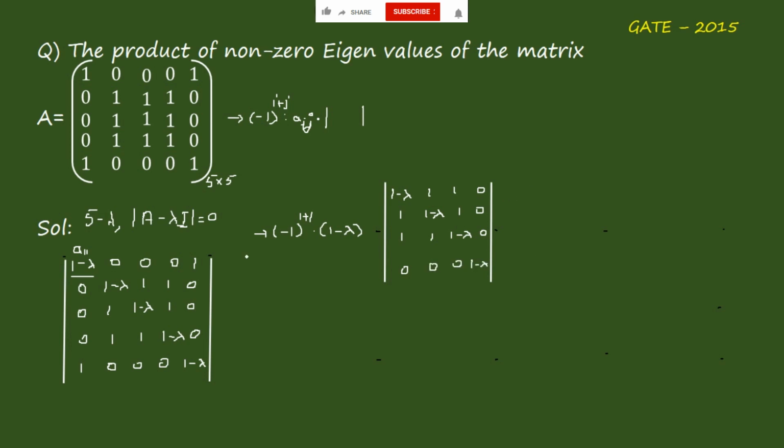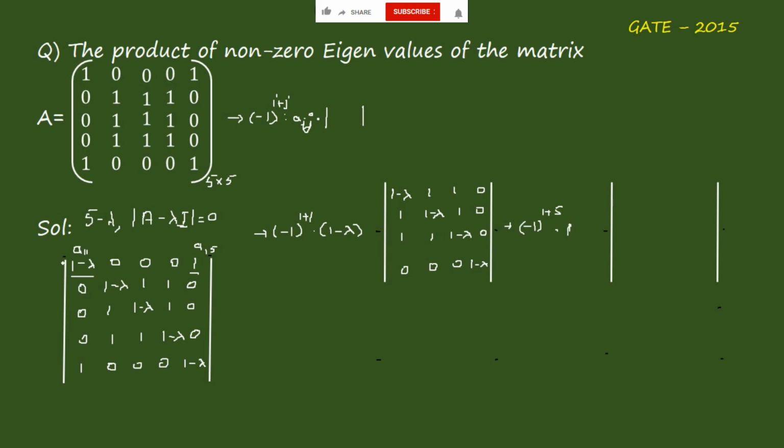So again consider the other term 1, it is an A1 and it's in the fifth column, A15, so it becomes plus minus 1 power 1 plus 5 into 1, and draw a straight line here and here. So consider the other terms.